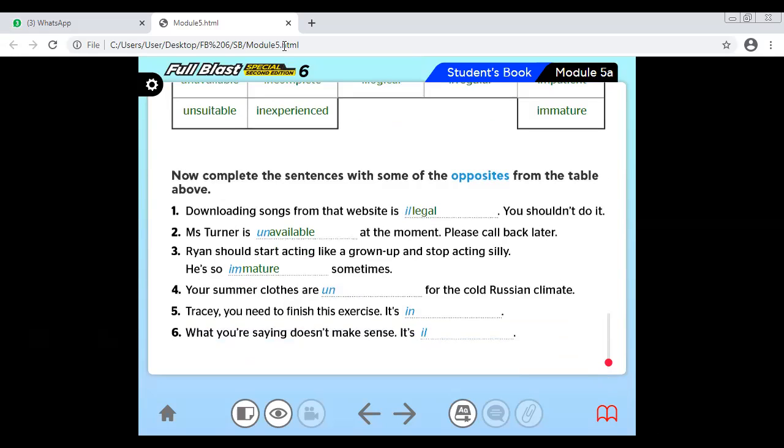Okay, Miss, can I answer number 4? Alaa, number 4. Your summer clothes are unsuitable for the cold Russian climate. Climate means weather. Unsuitable. Okay, well done.